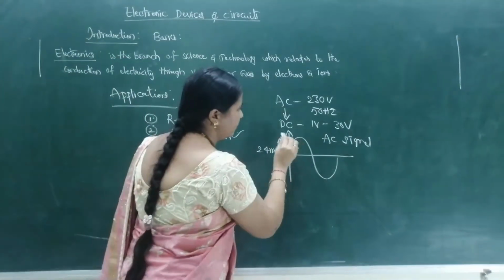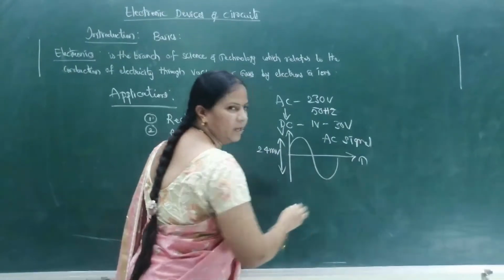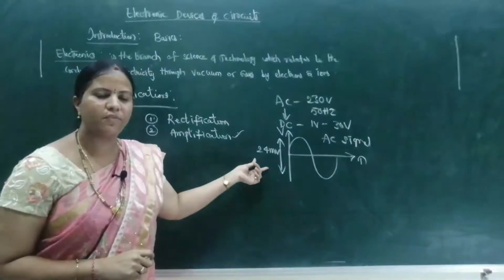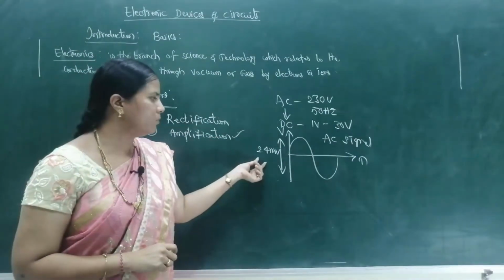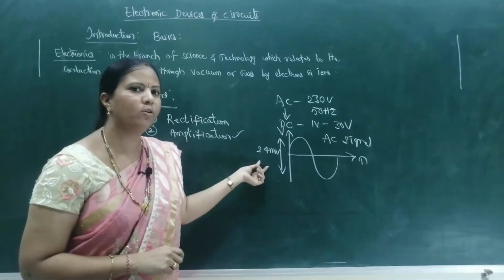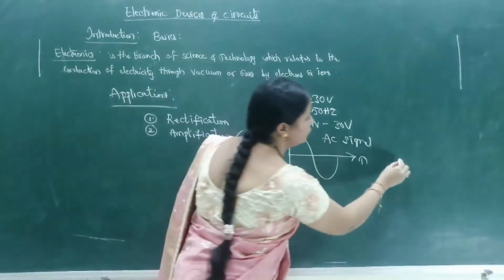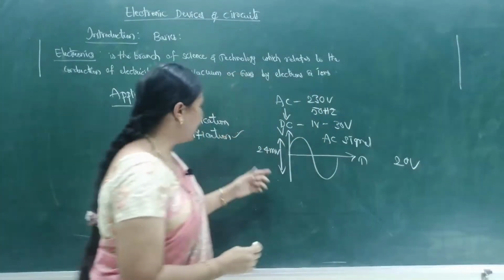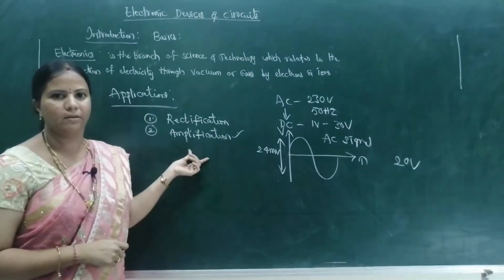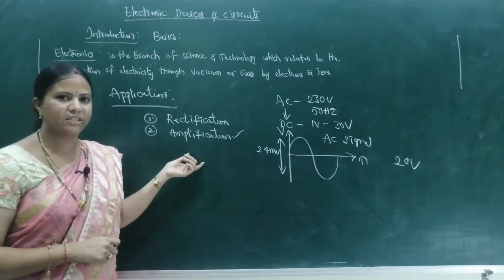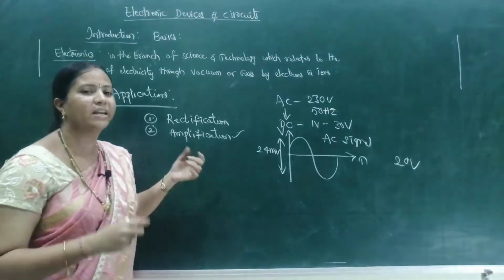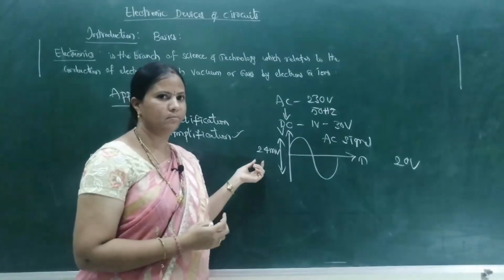To convert this very weak 24 millivolt signal up to 20 volts, we have to amplify the signal. So understand, amplification is used to increase the strength of a weak signal.